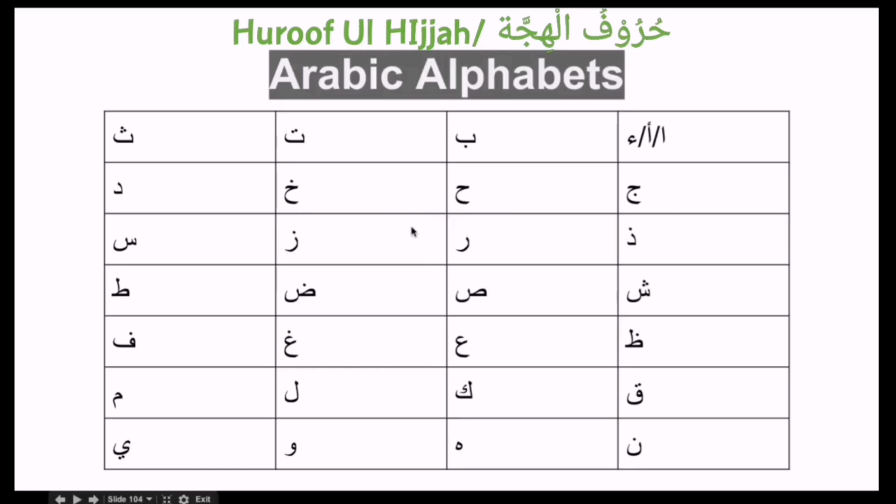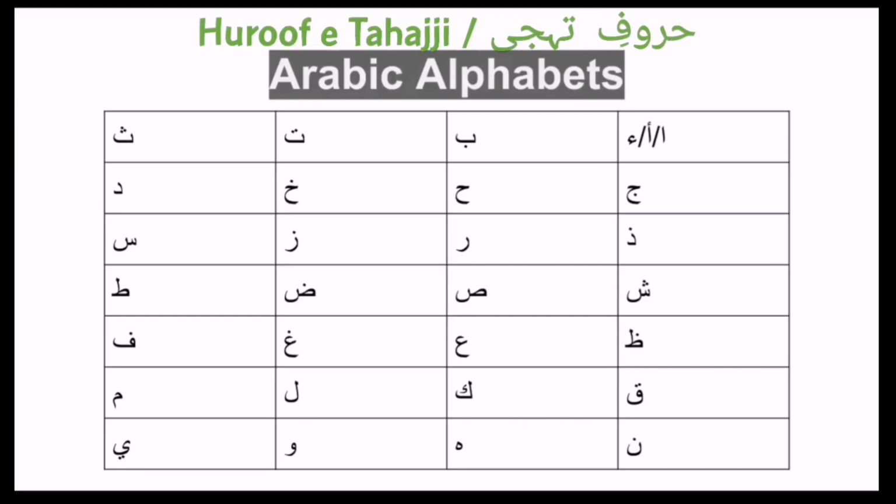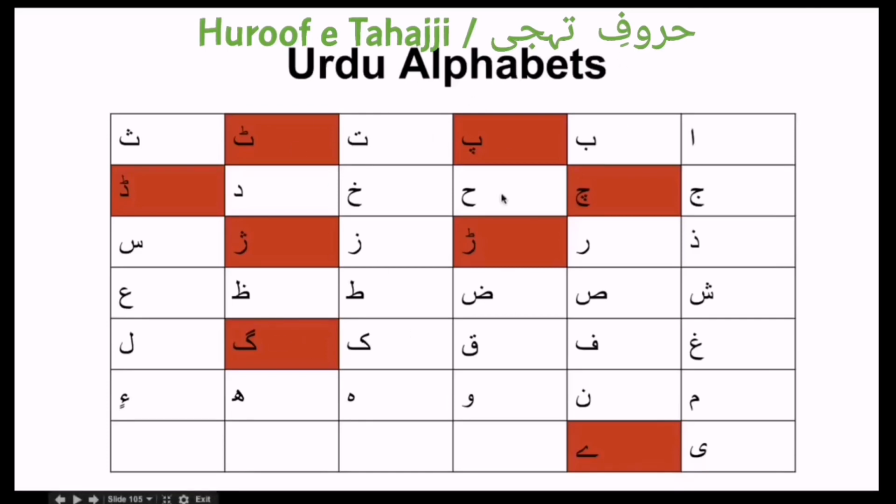There is another set of letters which are very similar, especially in India, Pakistan, and in the Urdu language. You can see in Urdu there are approximately 38 to 39 letters. There are certain more letters which have been added to the script of Urdu, which you don't find in Arabic, which we don't pronounce at all.